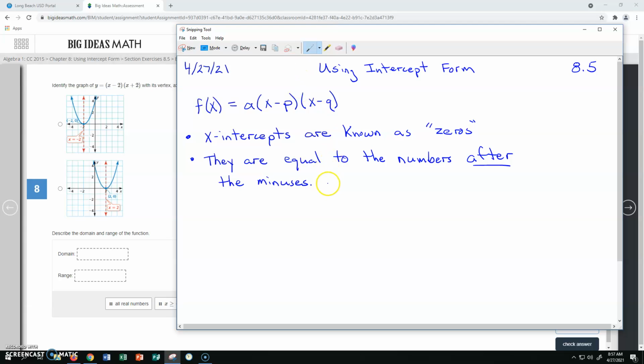So, as an example, if you have f of x is equal to x minus 3 and x minus 4, right there, the intercepts are 3 and 4.